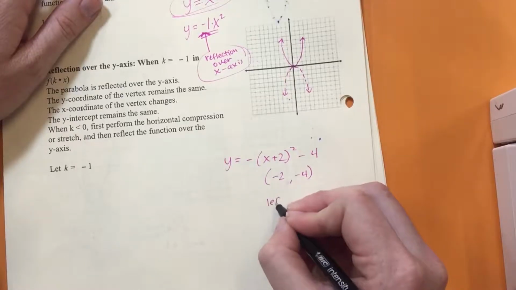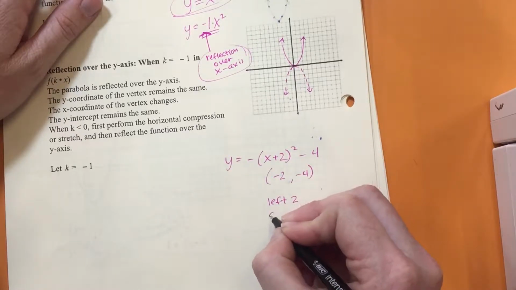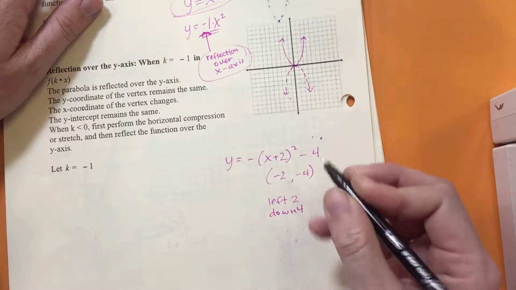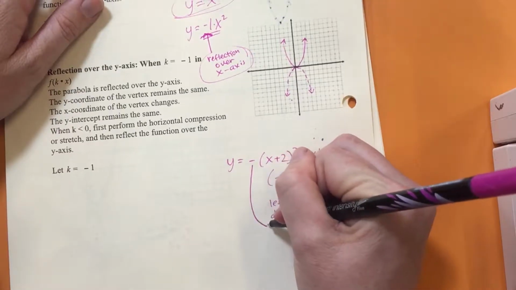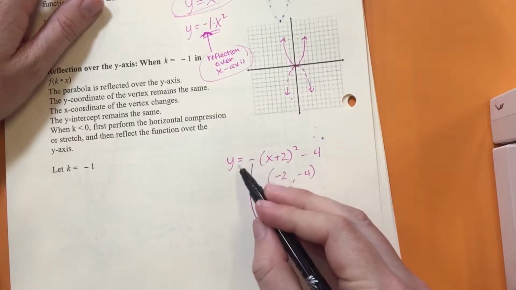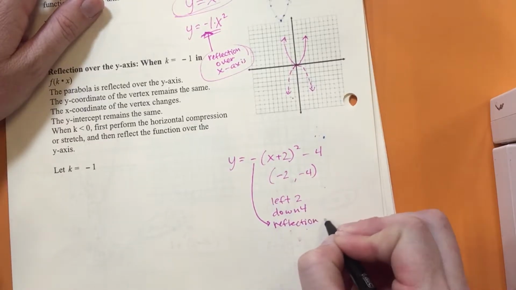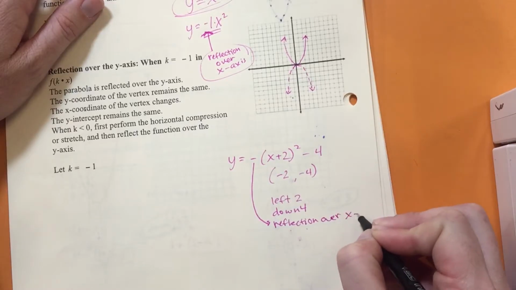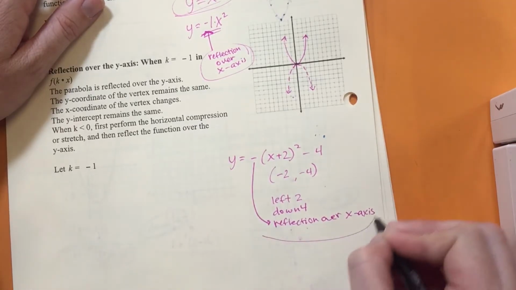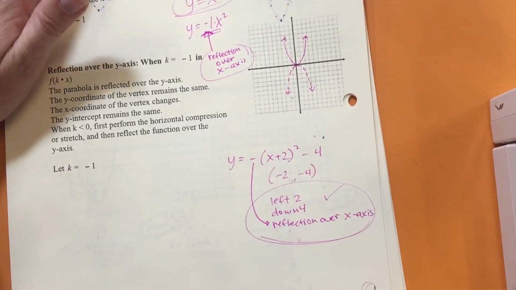It went left 2 and down 4. But there's also this little piece that we have to remember. If there's a negative in front, that means there's a reflection over the x-axis. So watch out for those on your assignment.